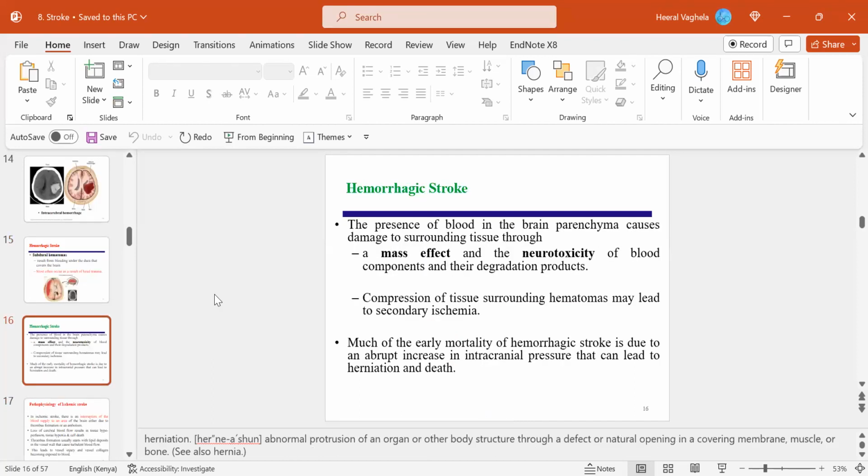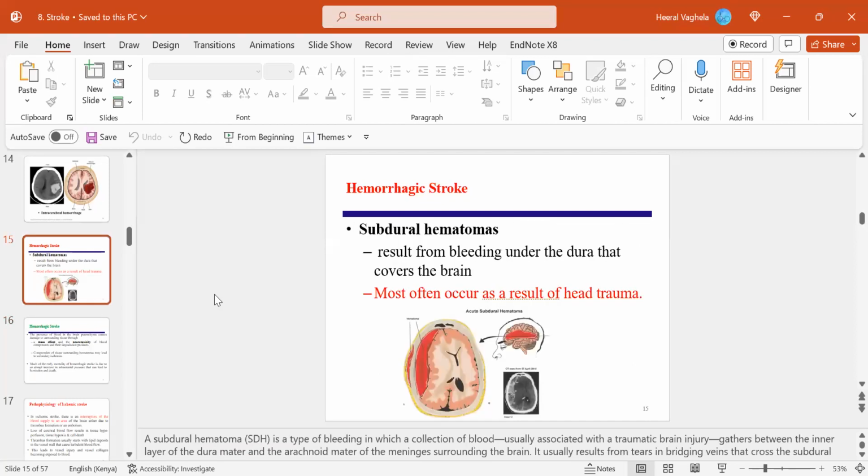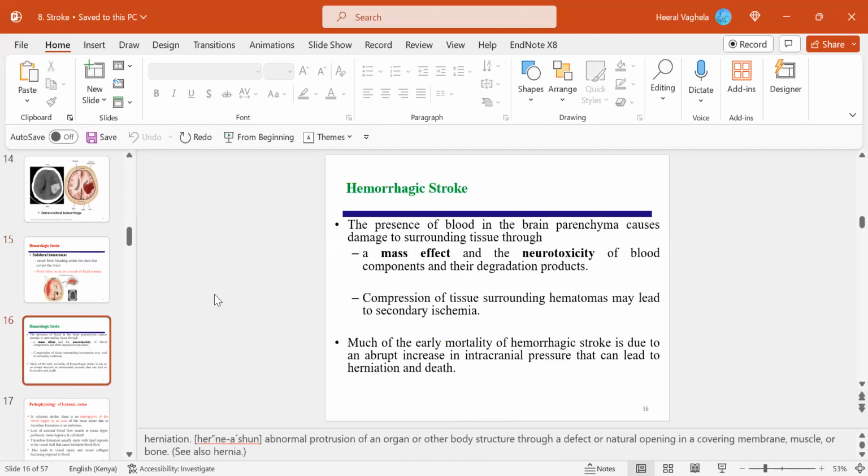So with hemorrhagic stroke, you have bleeding in the brain, but why does it cause stroke?